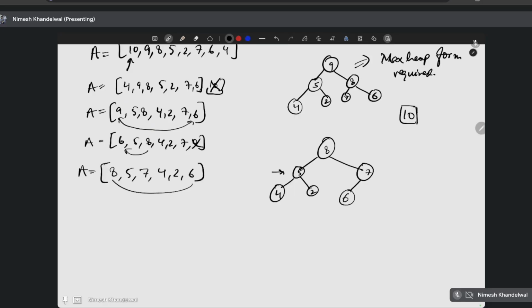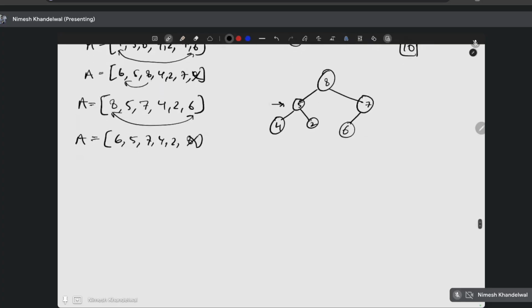Again, we replace 8 with the last element, and then we push it out. 6, 5, 7, 4, 2.